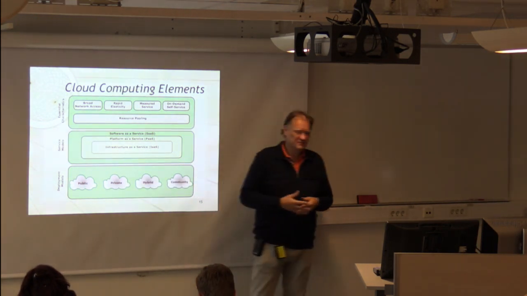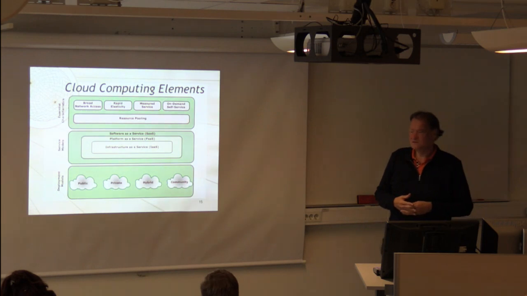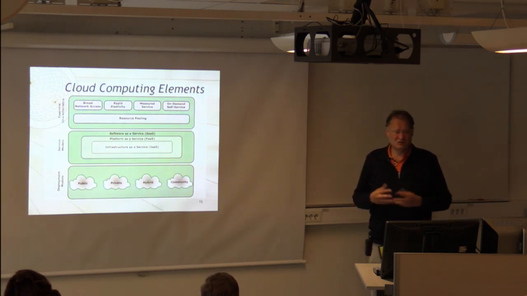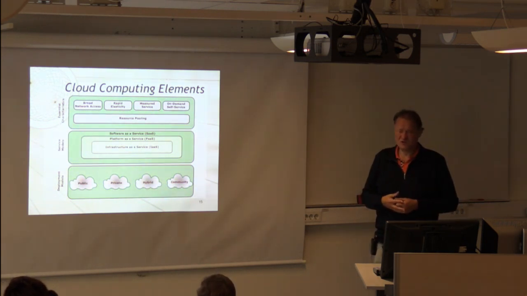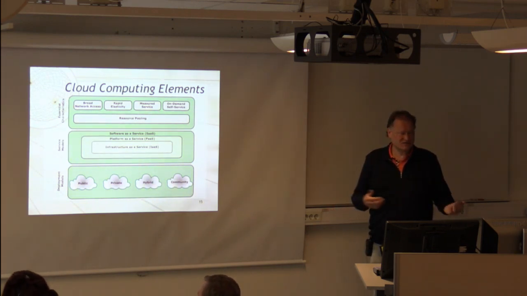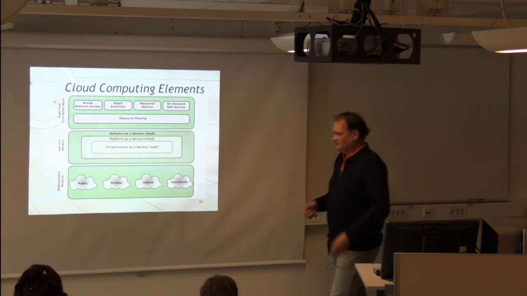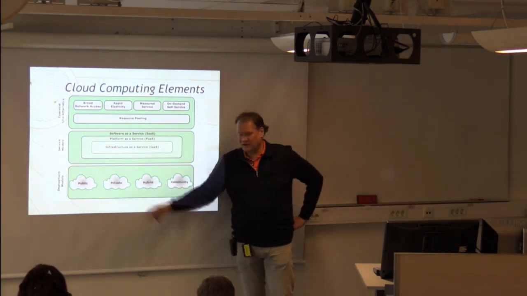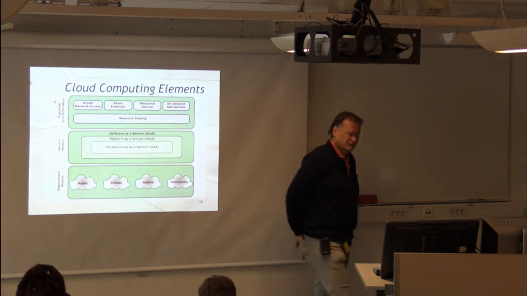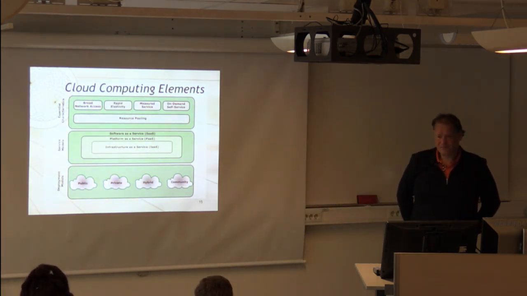Public being perhaps the most common one, the one that we think about most. We have lots of public cloud services. They're available for anyone, and we typically share resources with anyone. We could have a private cloud. That means it's not for everyone. It's limited to who can use it.